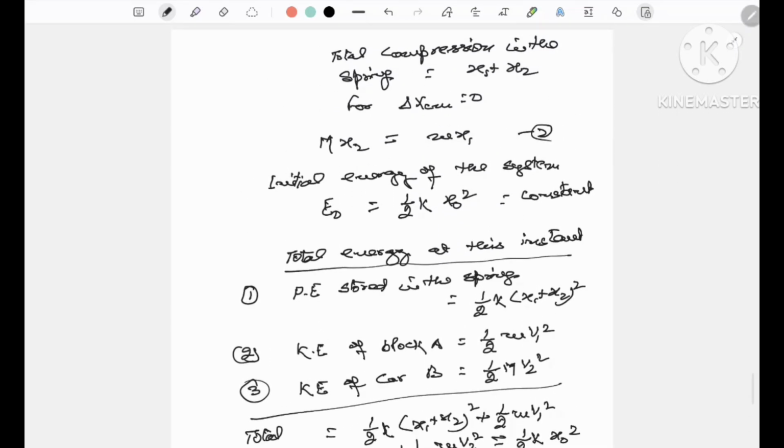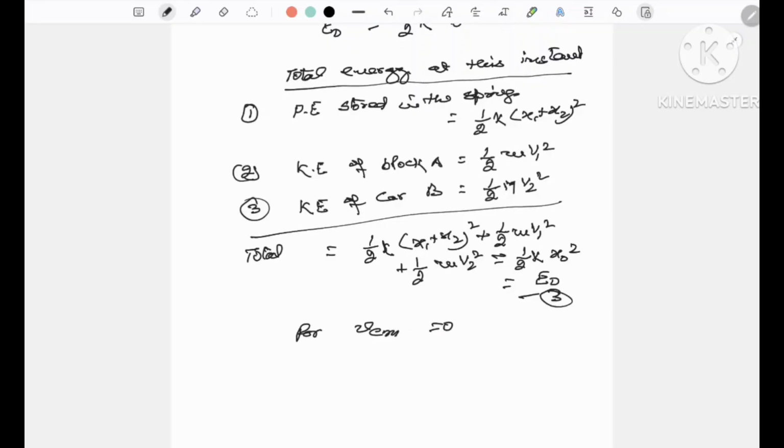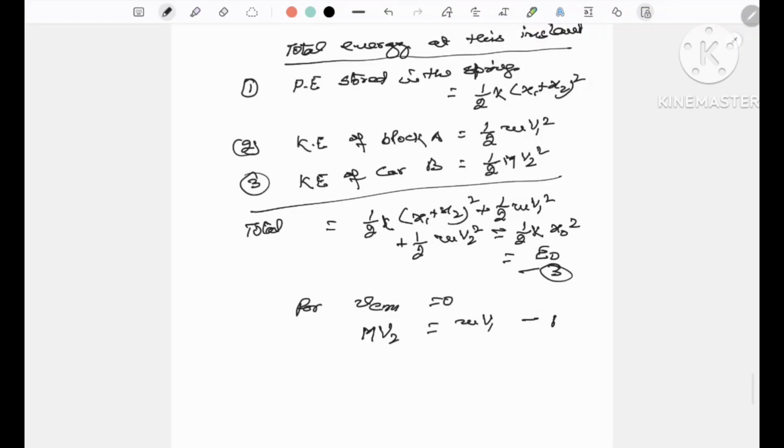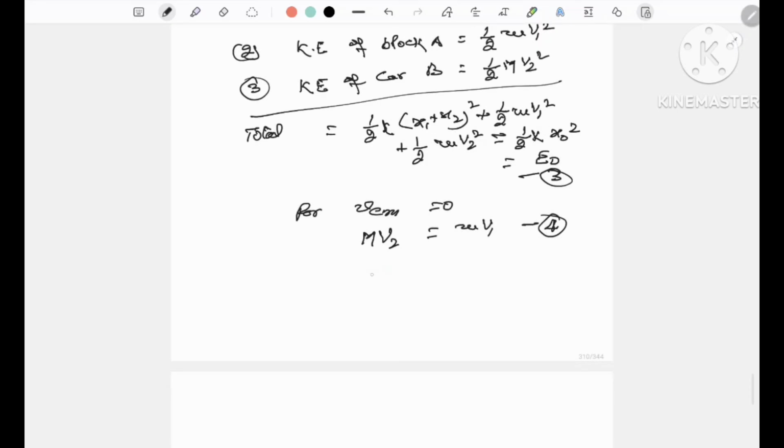This is equation number 2. Equation number 3: for v cm is 0, M v2 will be equal to m v1. Equation number 4. And equation number 2 we can also write here, M x2 is equal to m x1.